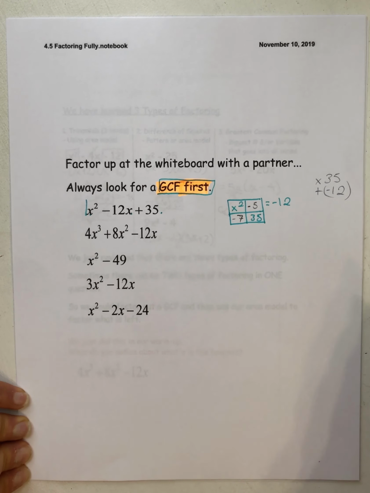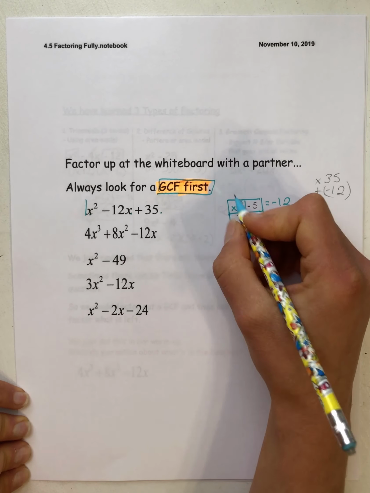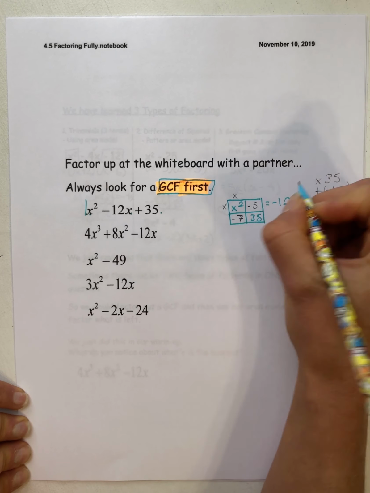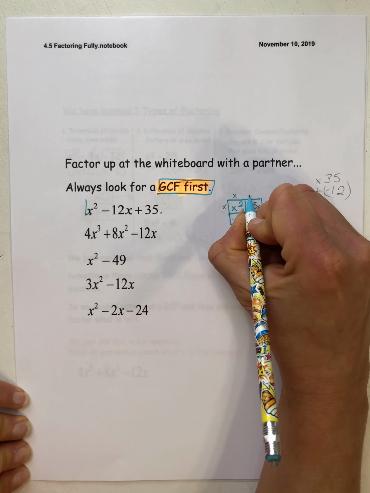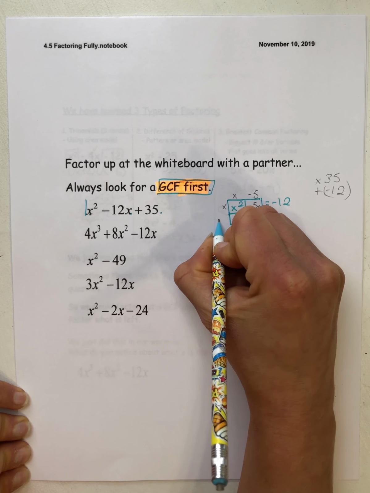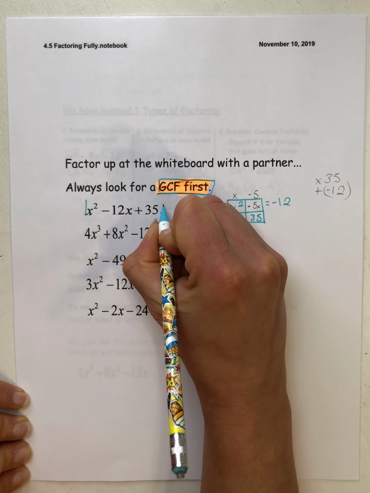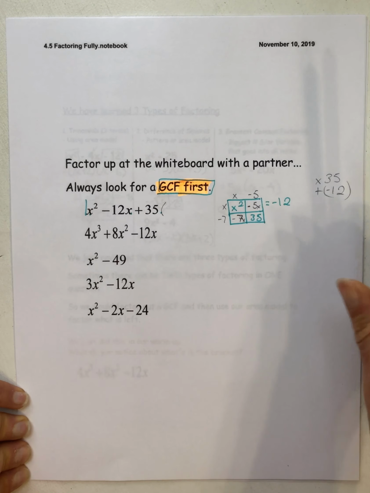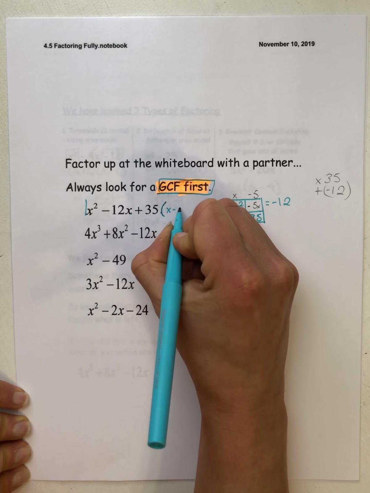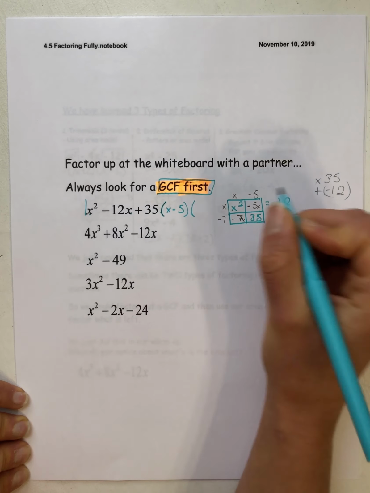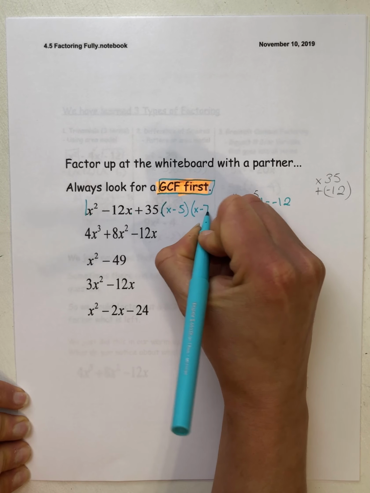Sometimes my 7s just don't look like 7s. And then we can bring this information out. So we have x here, x here. These are x's. Don't forget your x's. I just forgot mine. Minus 5 and minus 7. So we get, I'm going to do this in a color. We get x minus 5 and x minus 7.